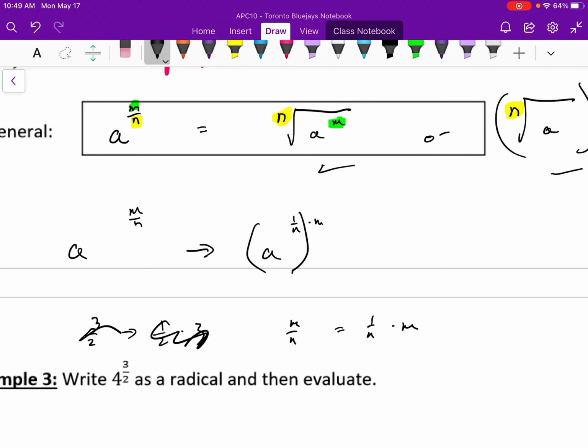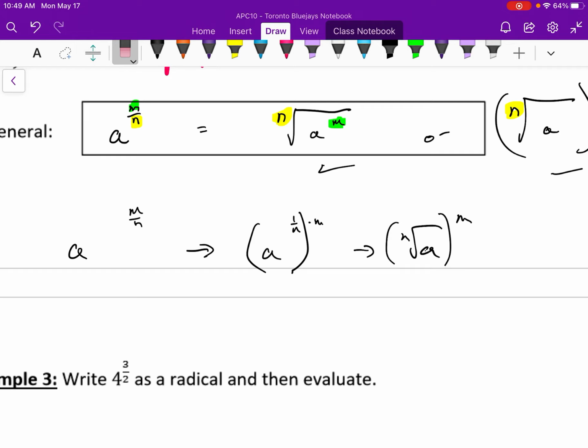However, one could also say that you could decompose this as a to the power of m times 1 over n, and this would be a to the power of m, all to the 1 over n, or alternatively, you could write it like this.